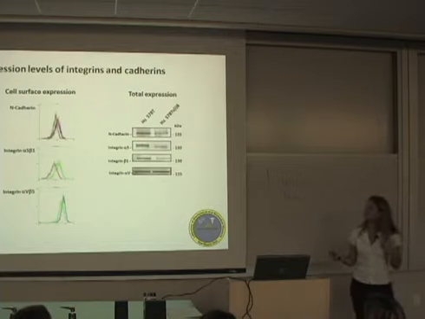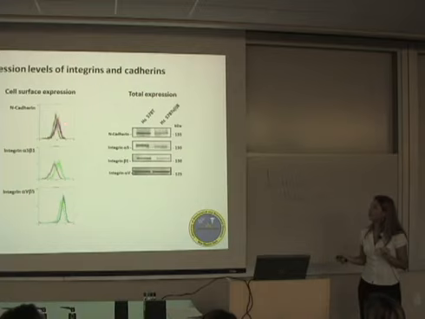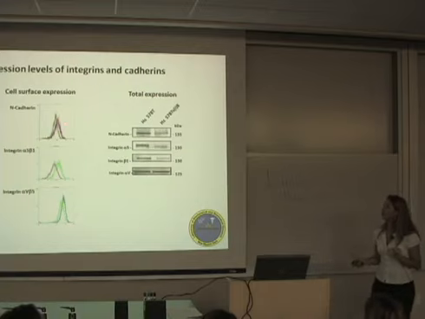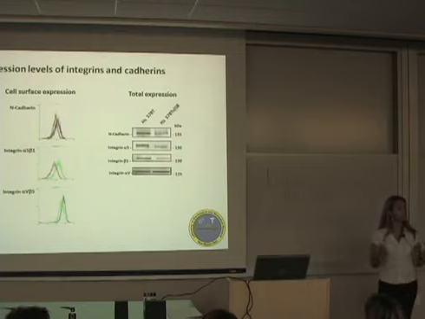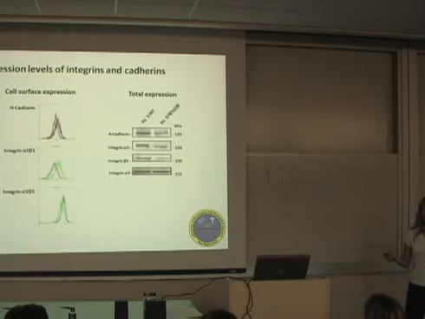You can see this by looking at the small shift to the left. We also wanted to see the total expression level of these molecules in our cell lines. And as you can see here, by doing Western blotting, these same molecules decrease in the invasive cell line as well.